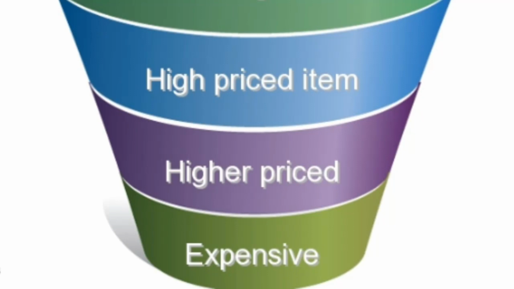So as the people go down the sales funnel, they build more and more trust in you, they're more and more likely to move up to the next level, and you can sell them more and more expensive items, expensive products, expensive services, that sort of thing.